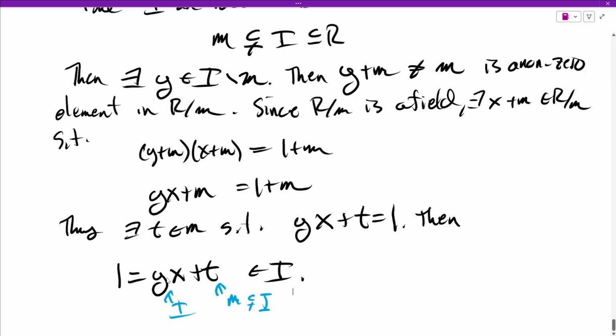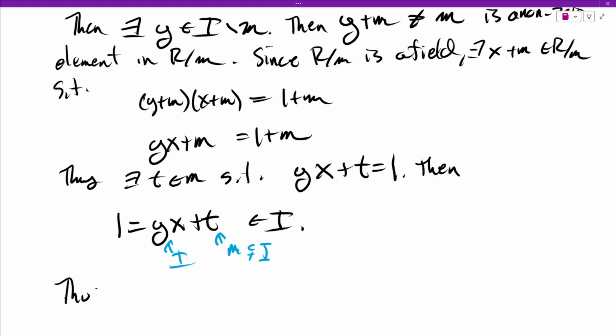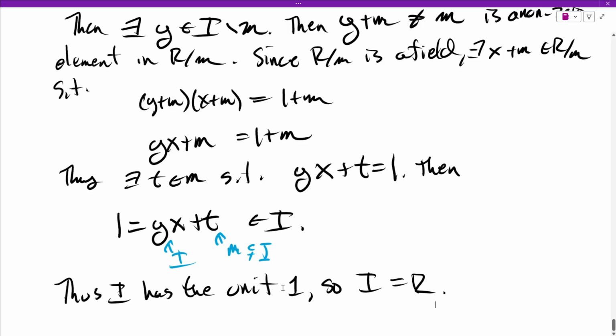So I has a unit. But if you have a unit, you must be everything. Okay, so we took a random ideal that sits in between M and R, properly containing M, and we showed it actually had to be the whole ring.